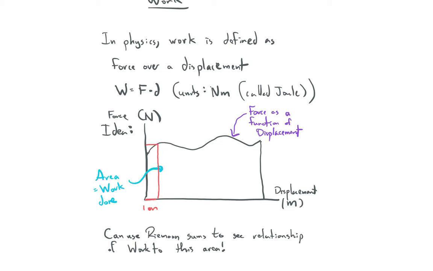And this is the exact same idea as Riemann sums. If we kept going, we could approximate the work done across the entire interval here. And to get a better approximation, we just reduce the width of our rectangles towards zero.